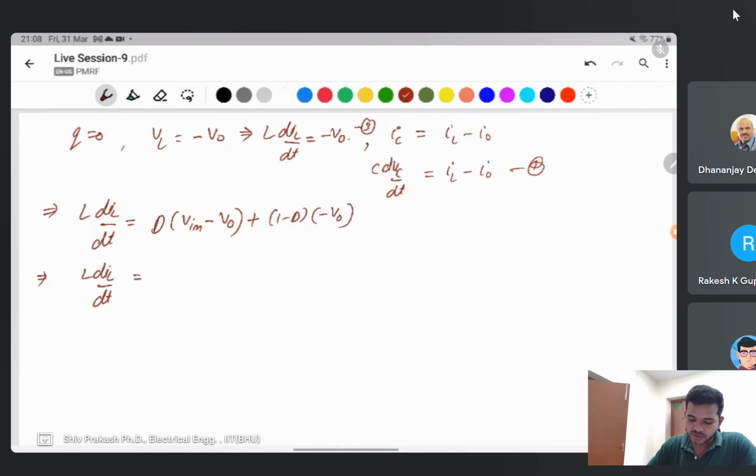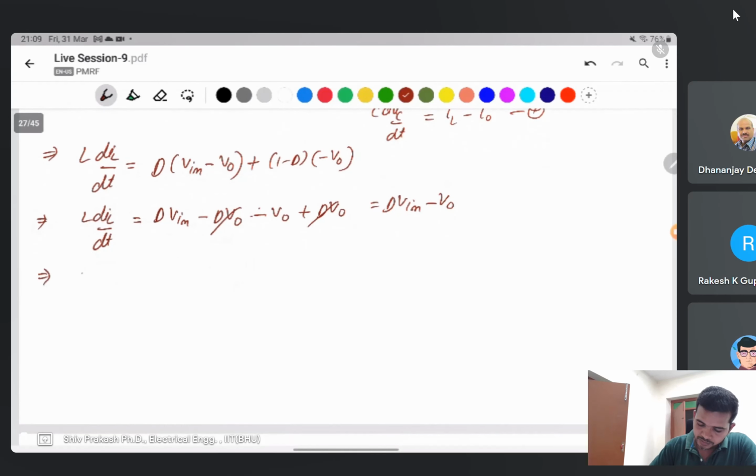This is the state equation of the inductor current, di by dt, like dx by dt, x dot, in control systems. A state occurs when the dynamic system follows the same law. Then dV in minus dV naught, minus V naught plus dV naught. dV naught is cancelled out, leaving dV in minus V naught. So L di by dt is equal to dV in minus V naught. Equation number 5.